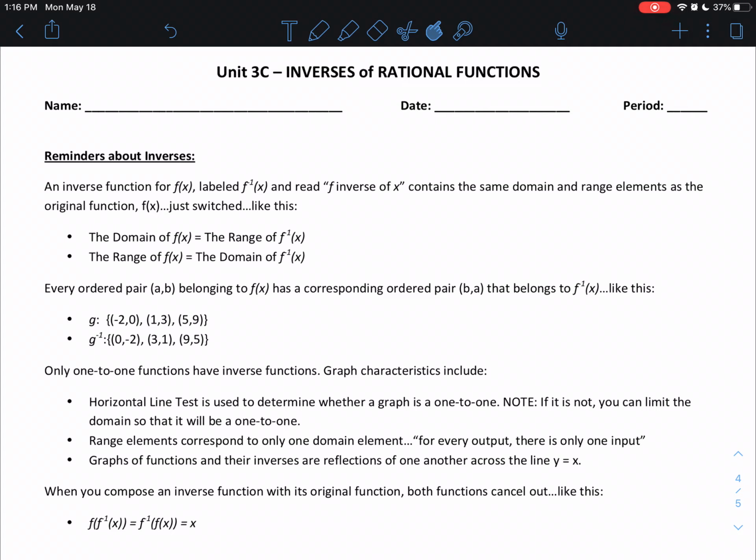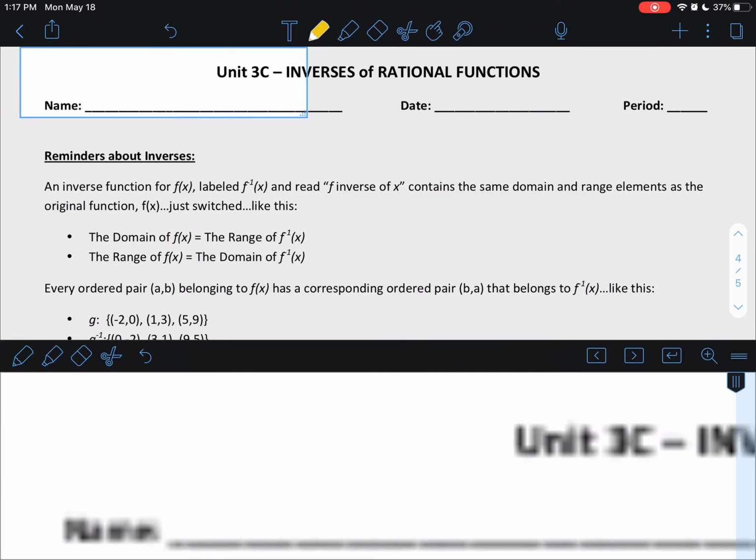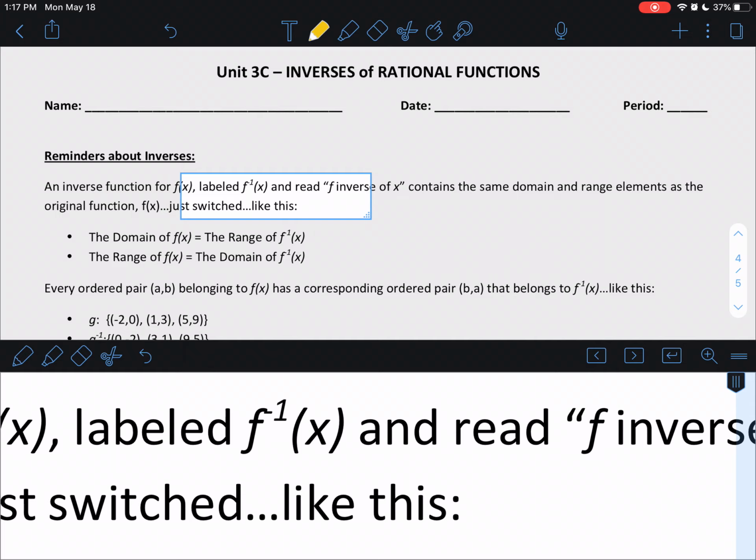So, an inverse function for f of x is labeled f negative 1 of x. So it is labeled f negative 1, not f1, and it's read f inverse of x.